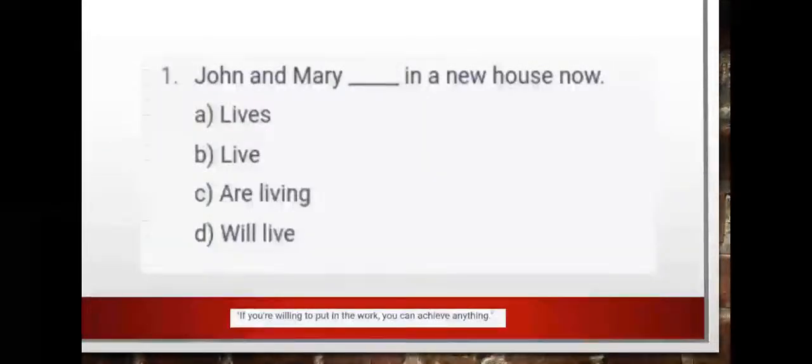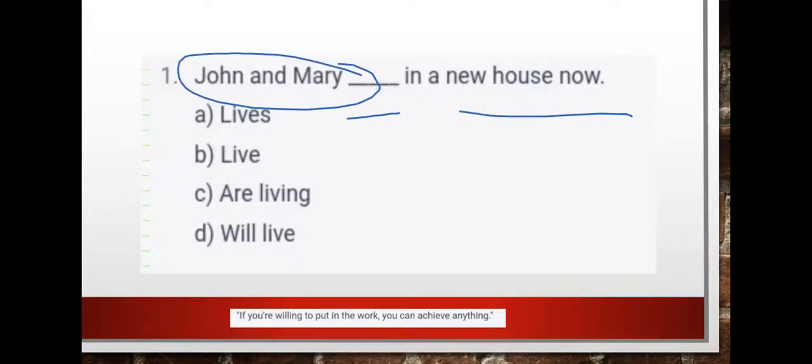Let's move on and talk in a different way, like fill in the blanks. John and Mary dash in a new house now. John and Mary, two different people. Now we have to use a plural version. John and Mary dash in a new house now. Now they have started living.